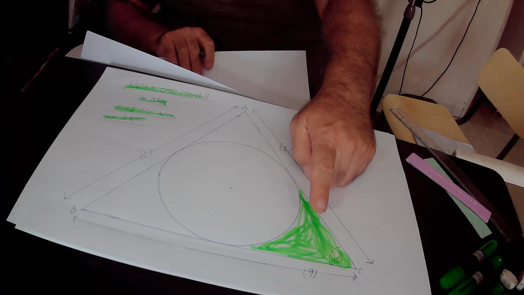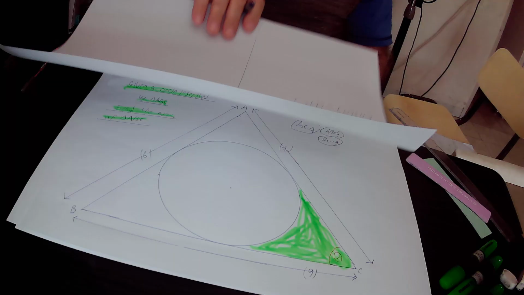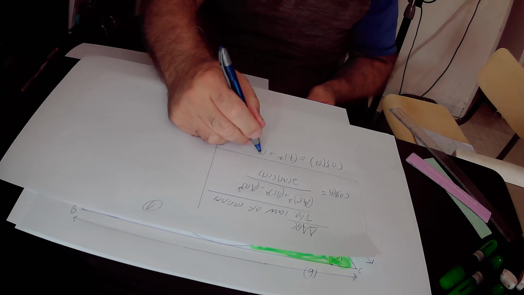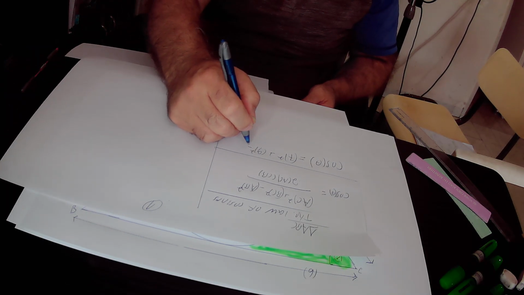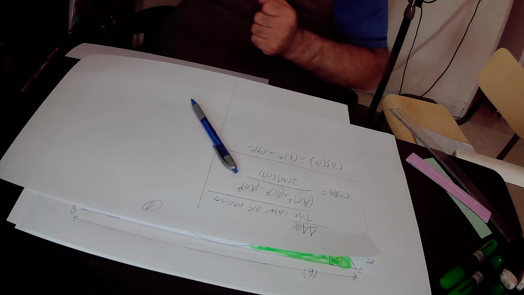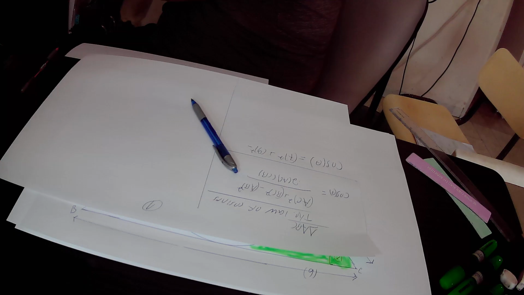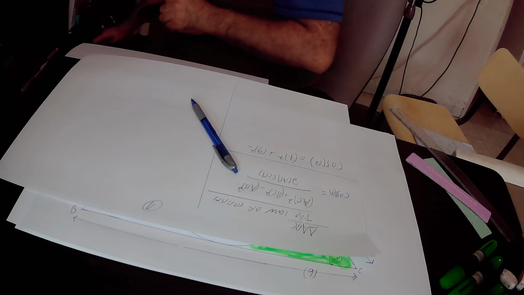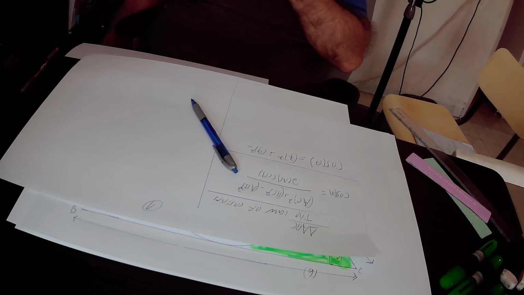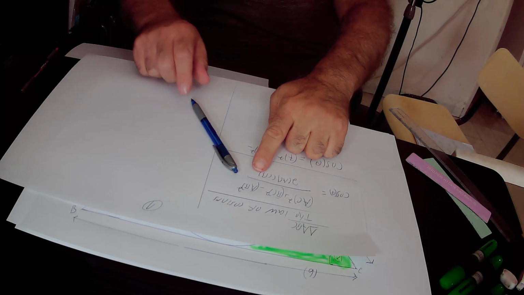BC is 9, therefore BC squared is 9 squared, minus AB squared.